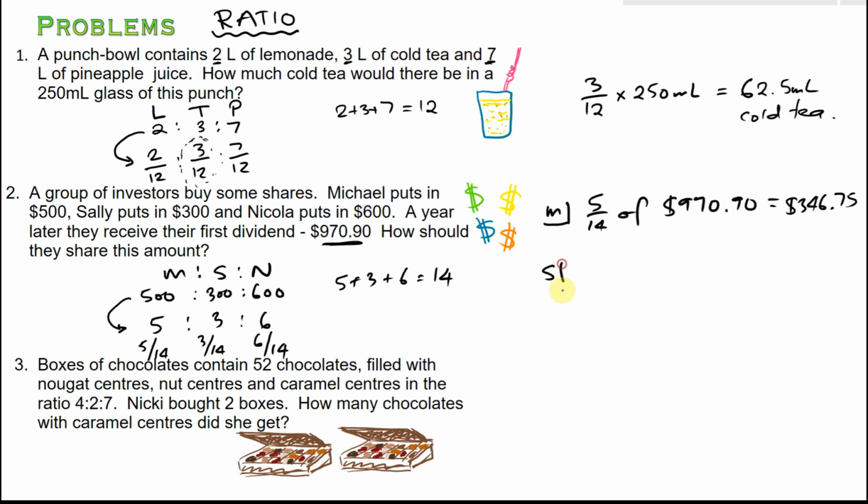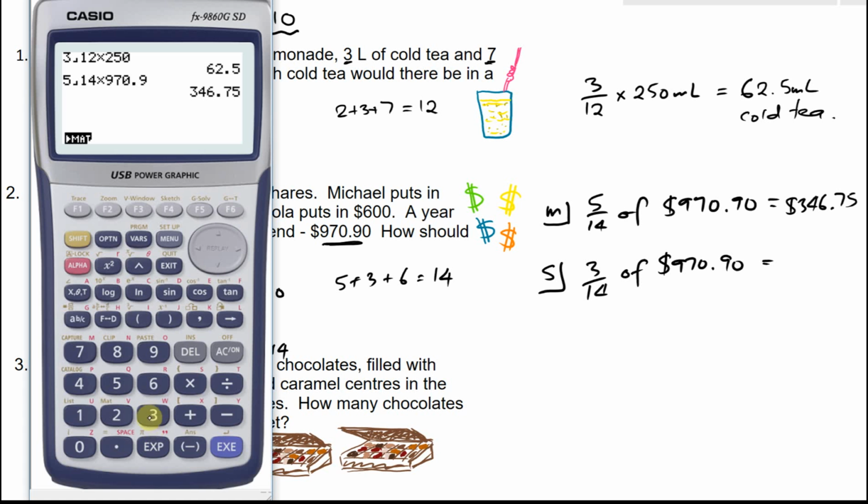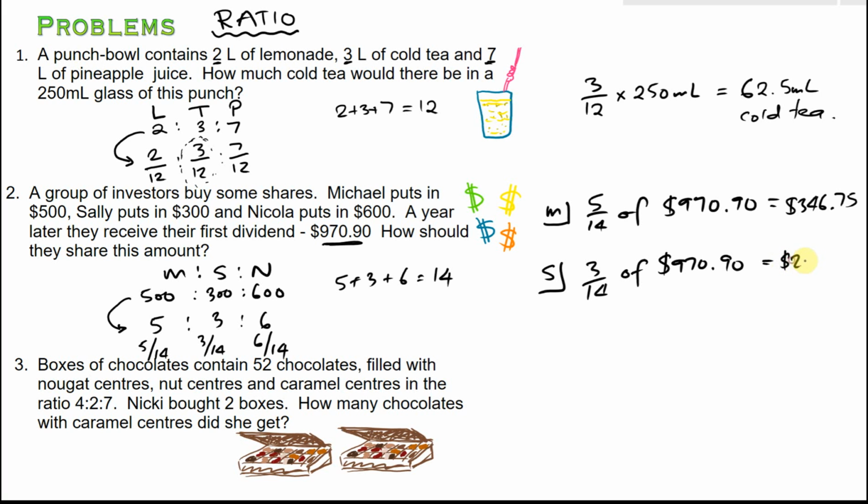Sally will get 3/14 of that amount. So 3/14 is $208.05. So $208.05, and then Nicola will get 6/14 of that amount.